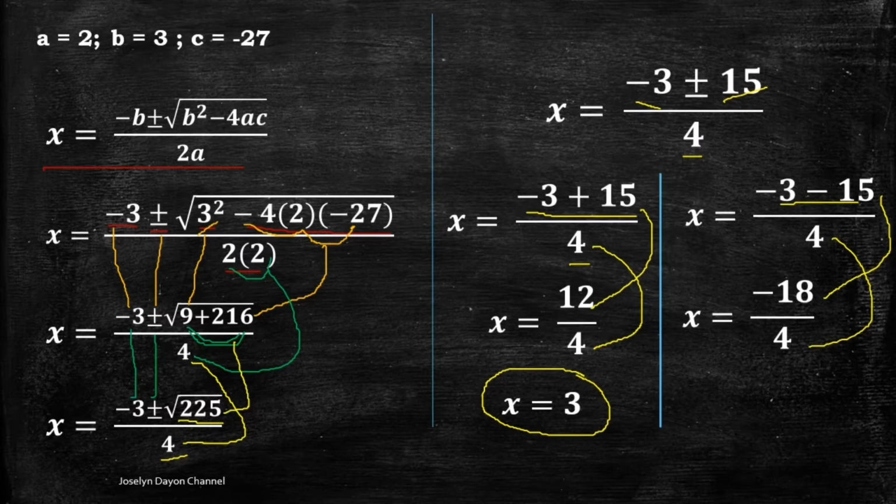But the question is how? Just divide both the numerator and the denominator by the greatest common factor between negative 18 and 4. The greatest common factor is 2. Negative 18 divided by 2 is negative 9, and 4 divided by 2 is 2. So we have now the lowest term, x equals negative 9 over 2.